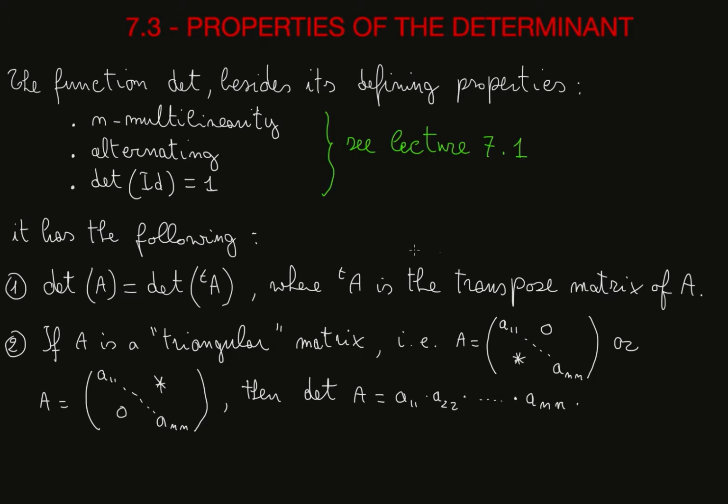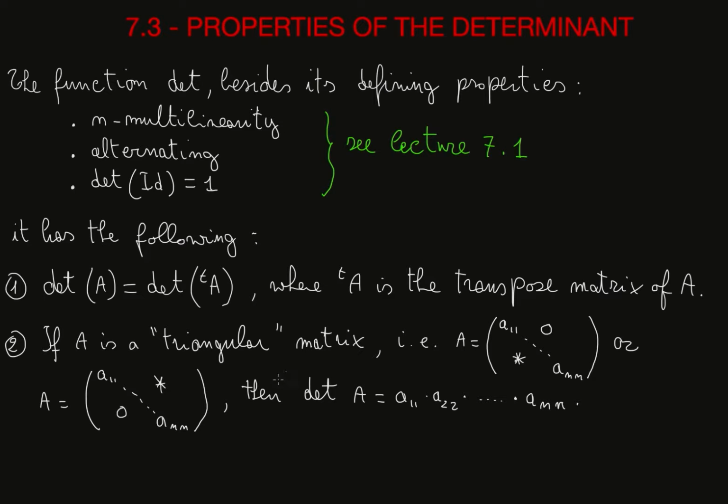The second property is that if A is a triangular matrix, meaning that all the coefficients above or below the diagonal are 0, then necessarily A will be of the form written here, with the upper triangular region 0 or the lower triangular region 0.